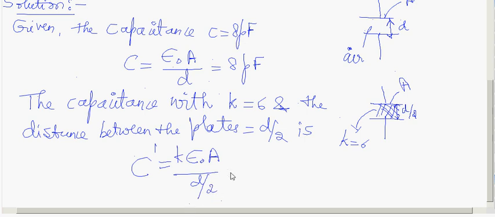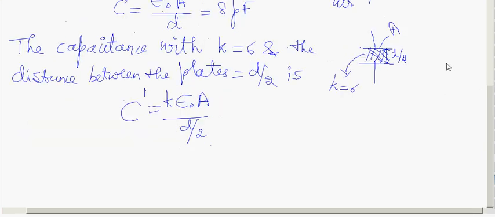Substitute the values. K is 6. If I rewrite this equation, C dash becomes equal to 2K into epsilon naught A divided by D, and we know epsilon naught A by D is 8 picofarad.